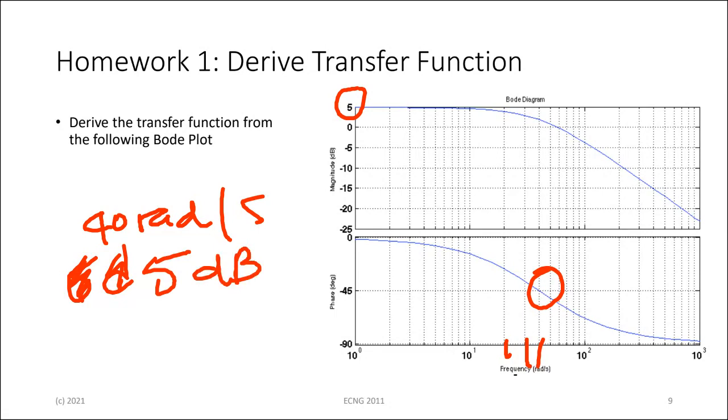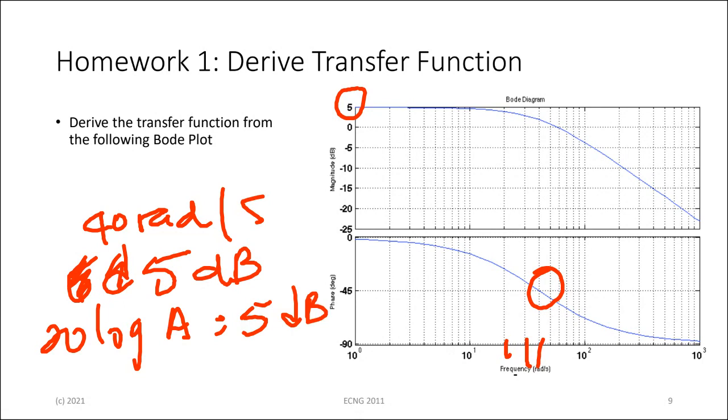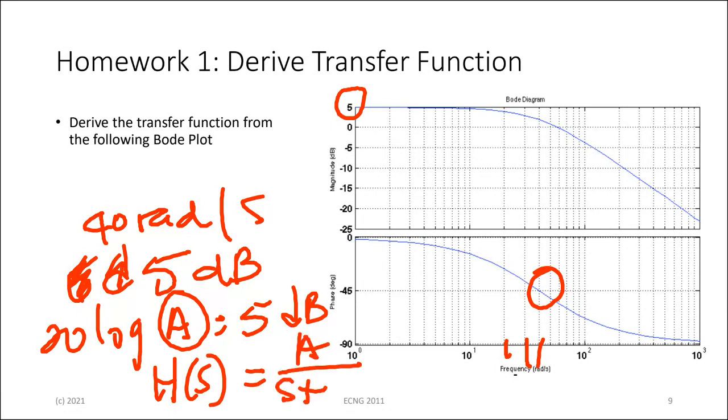Right? So 20 log A is equal to 5 dB. So you can solve for what A is, therefore. So once you know that, the transfer function H(s), whatever made that, is A over s plus 40.